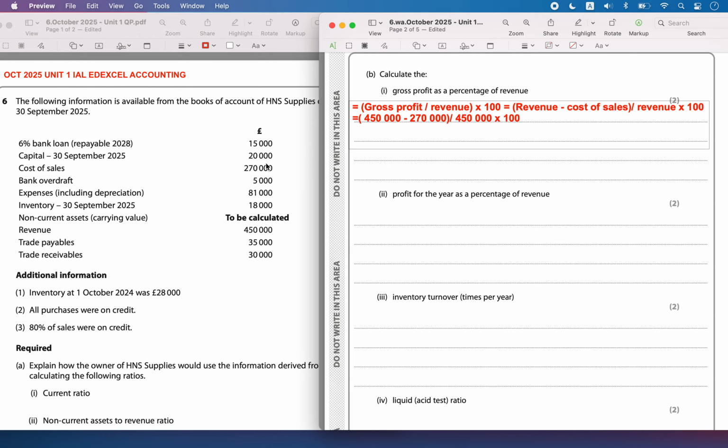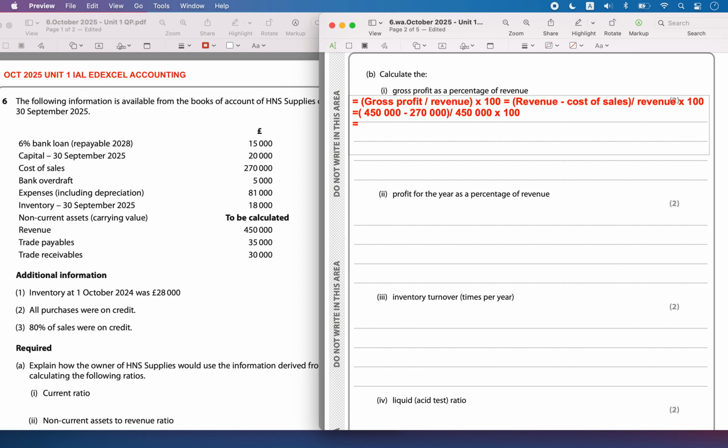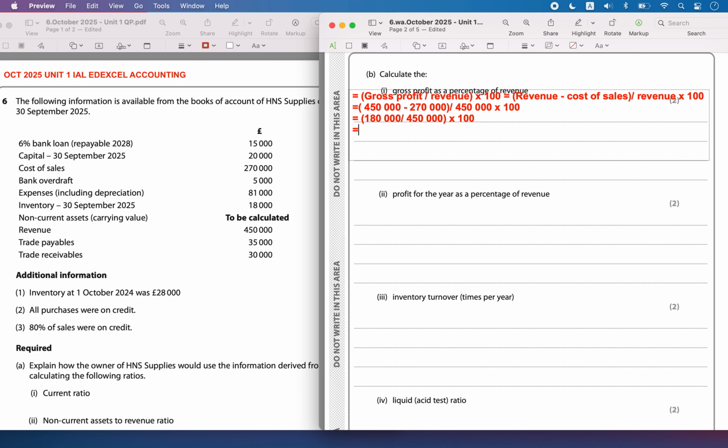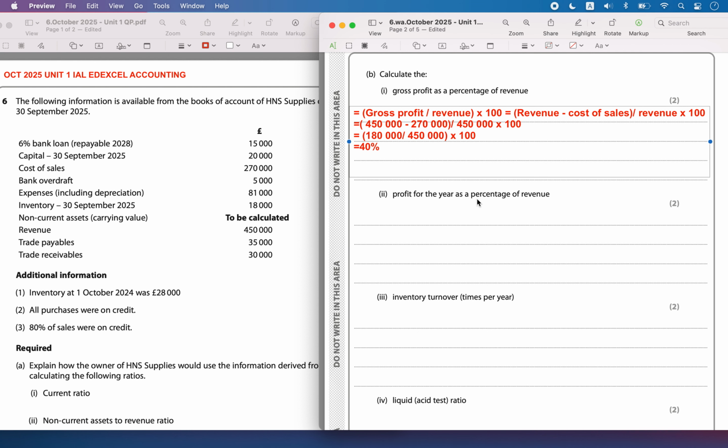That is 450,000 minus 270,000, divided by 450,000, which equals 180,000 divided by 450,000. You divide, then multiply by 100 and write it as a percentage. That is equal to 40%. So this is the gross profit as a percentage of revenue.